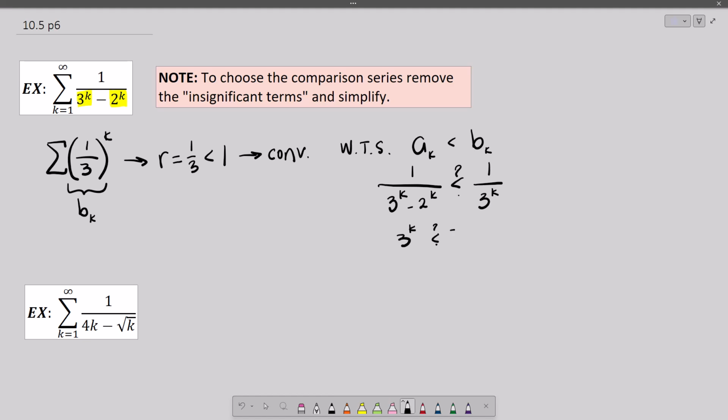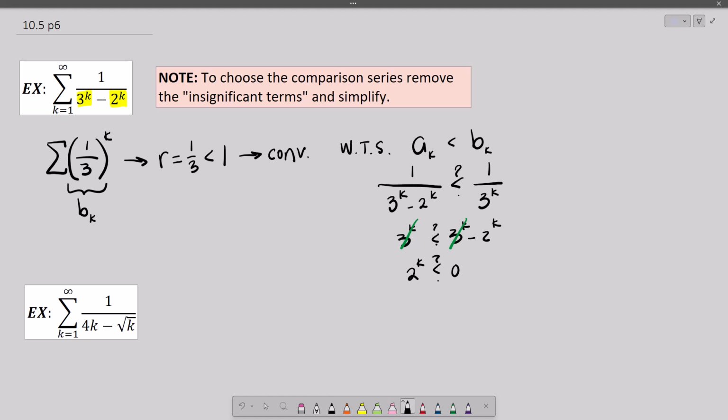So we cross multiply. Okay, the 3 to the k's cancel. If I add the 2 to the k's to the left, just to have no negative numbers in there, we would have that. And that's false.